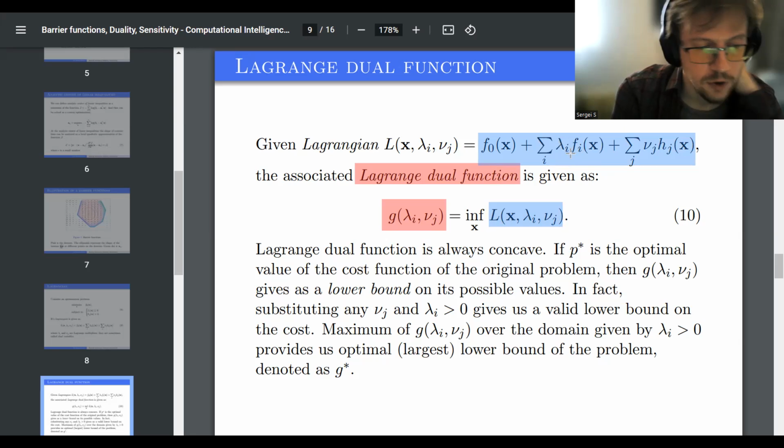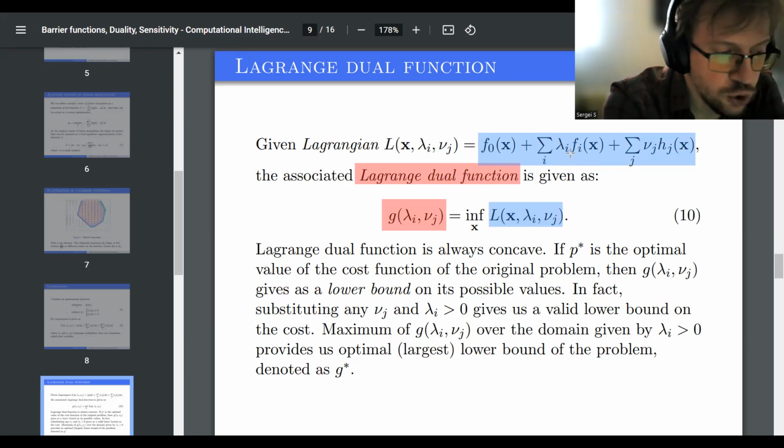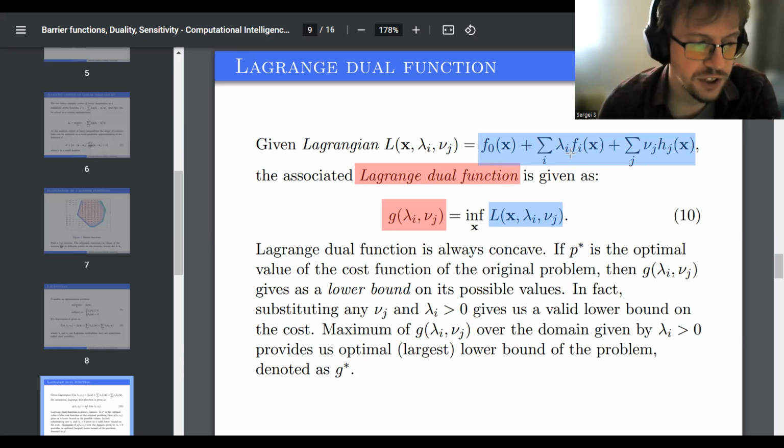The Lagrange dual function is always concave. We're not going to prove it, but that is a property.